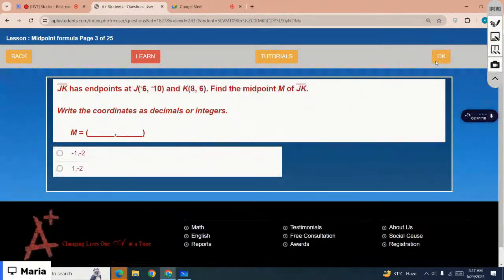J has endpoint at negative 6, negative 10 and K has 8, 6. Find the midpoint M of JK. Which is the correct option?